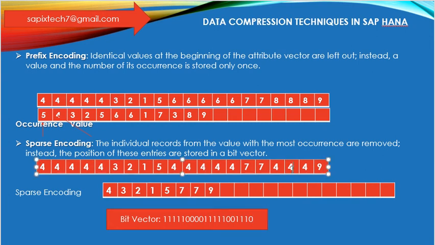So it was removed. Instead, the positions of these entries are stored in a bit vector. So this is our bit vector. This is the technique sparse encoding uses for converting data.